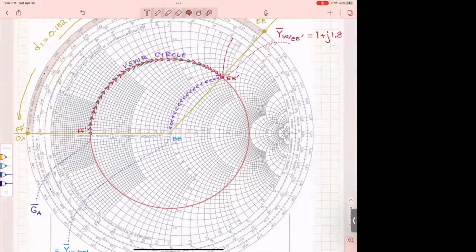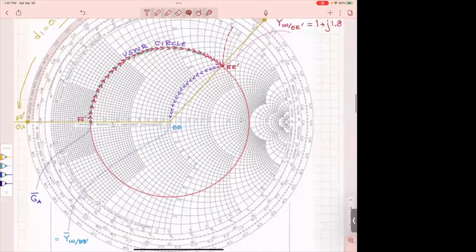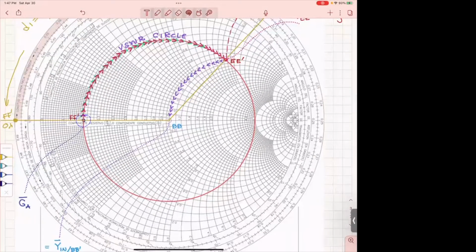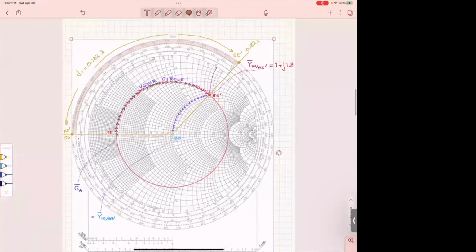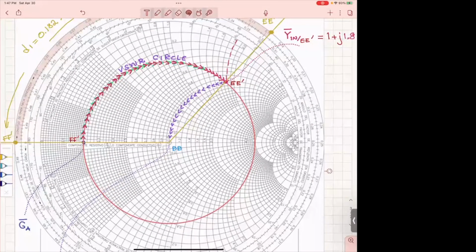And then what it tells us is when we start at FF prime here, that's where our load is. Our load is right here. When we start there, we move along the red circle clockwise until we find the circle that takes us to the center of the stub and to the center of the chart.